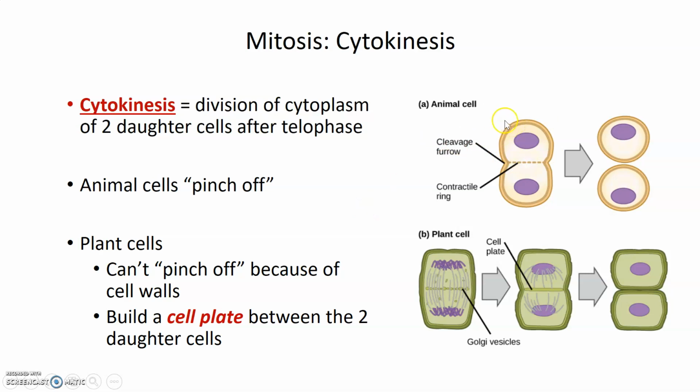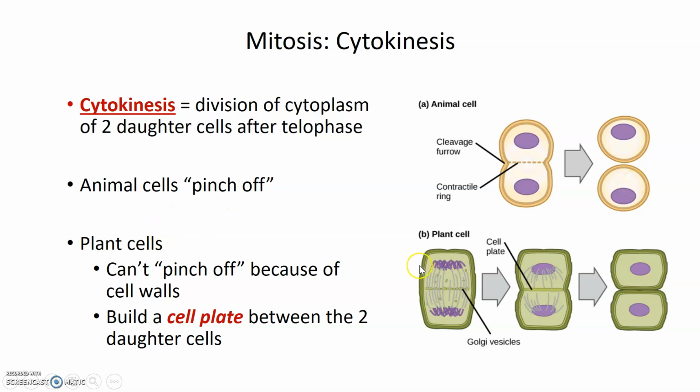An animal cell membrane is squishy, and it can be contracted and then ultimately pinch off to generate two new daughter cells. And you can imagine this as kind of like a big water balloon with a rubber band wrapped around it. And that rubber band, this contractile ring, can pinch down and generate two. Ultimately, those two membranes will fuse together to generate two new cells.